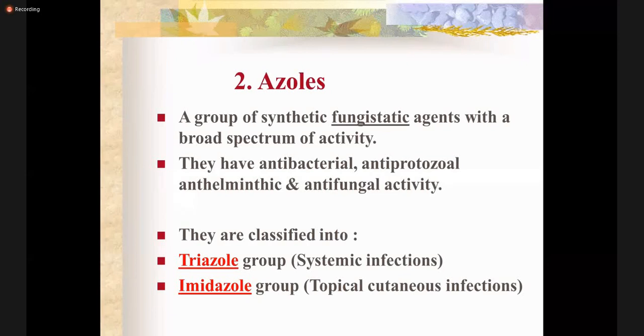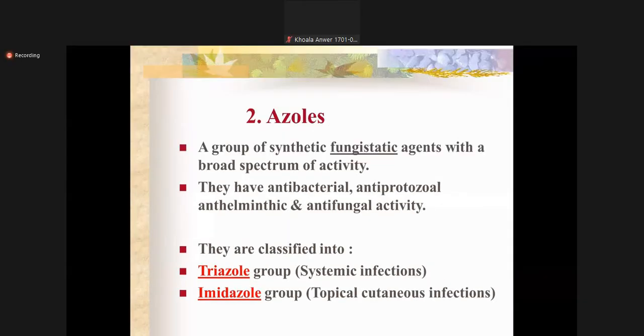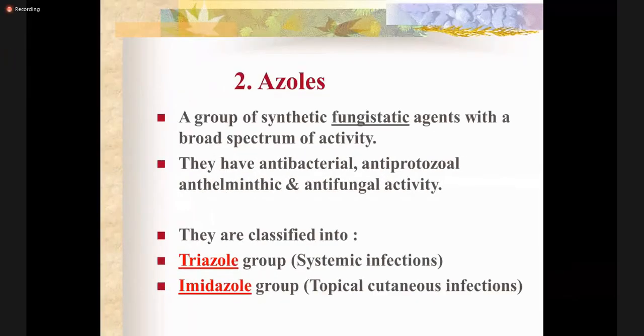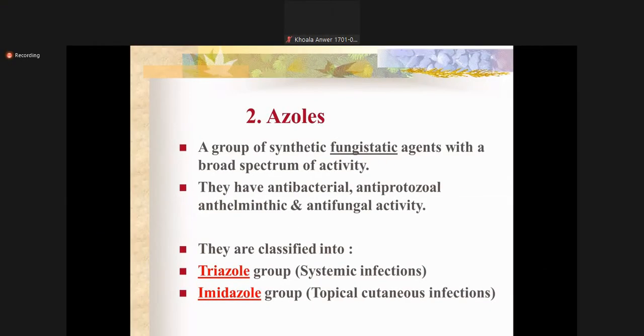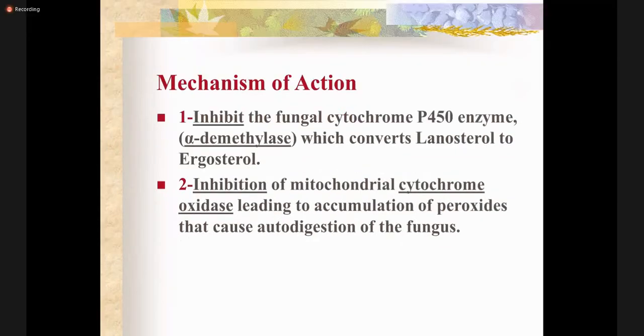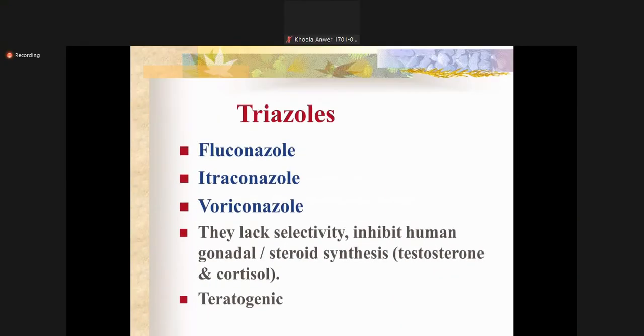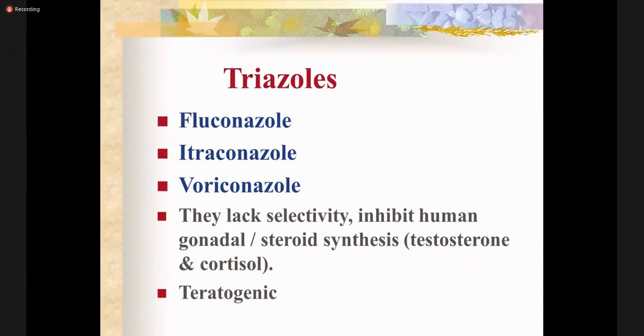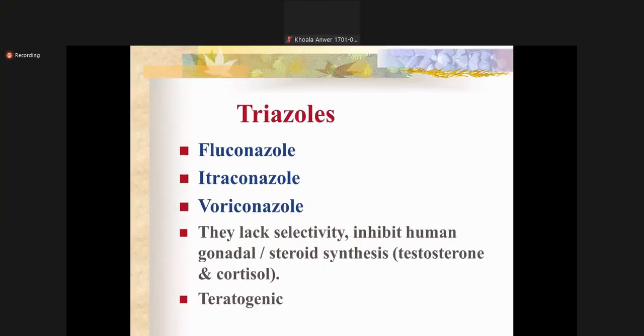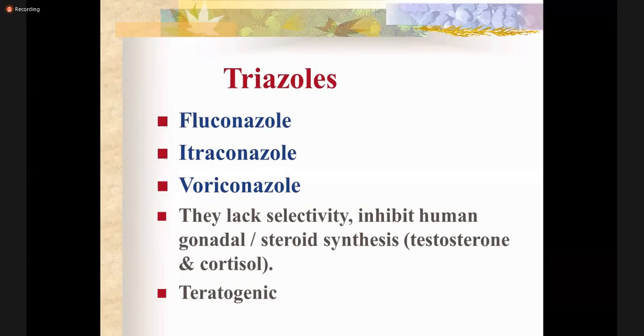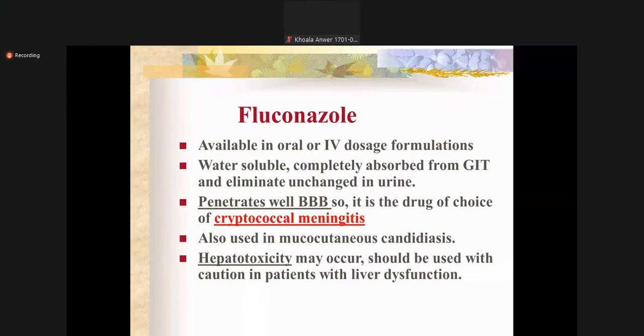Then we discussed azoles, which are synthetic compounds, and they can be triazoles or imidazoles. They have a specific mechanism, and then we have the different triazoles, fluconazole and itraconazole. We discussed that they are used for CNS infection, cryptococcal meningitis, itraconazole, voriconazole.